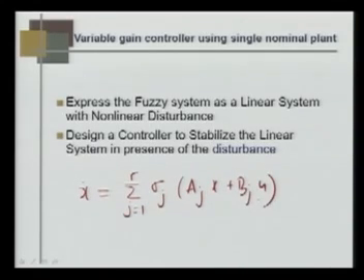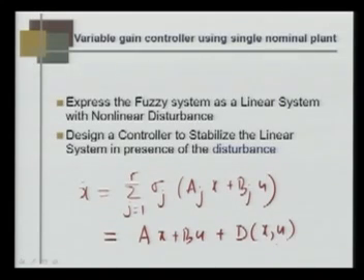This is my TS fuzzy model, approximation of nonlinear system using TS fuzzy model. You can easily see that it looks a very convenient form, easy to handle, and I can write this as A x plus B u plus a disturbance term. So, this is my disturbance term.